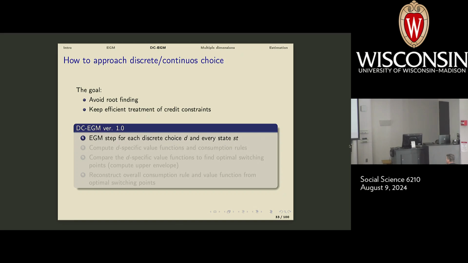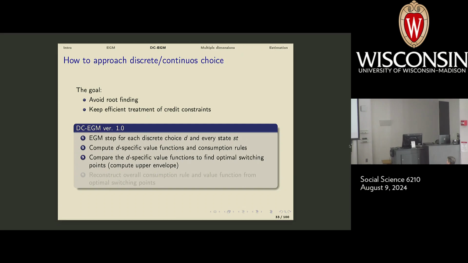Given the value of d, we can do the EGM step as before. After that, we can compute the value function corresponding to that discrete choice d. And once we have computed the value functions, we can decide by comparing them what the optimal discrete choice is.